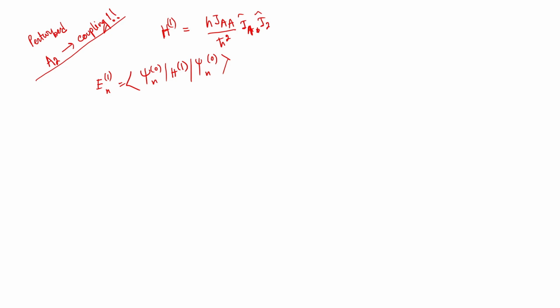Now let us see what is the first order correction to the psi 1, right, for A2. So E1 is, I1 is alpha 1 alpha 2, right?